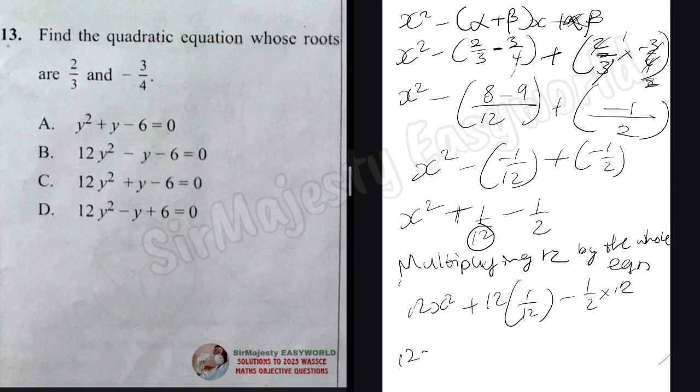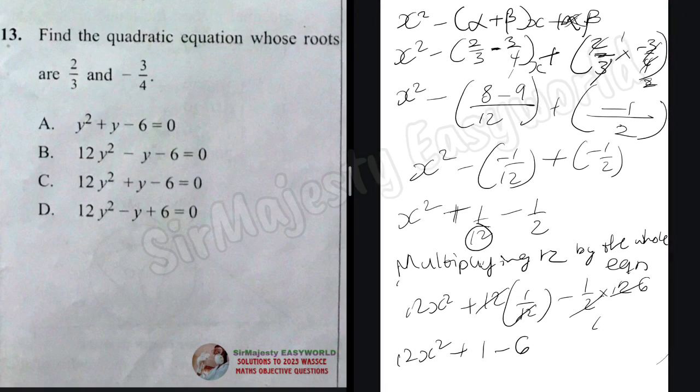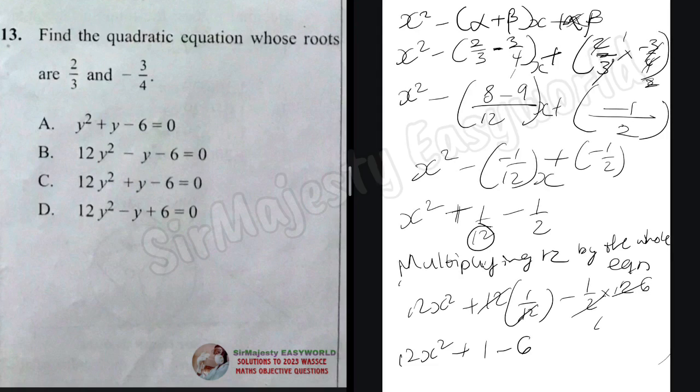This will be 12x squared. This will cancel out, so this will remain 1, then 2 here gives us 6. So this will give us plus x minus 6. So this is our final answer.